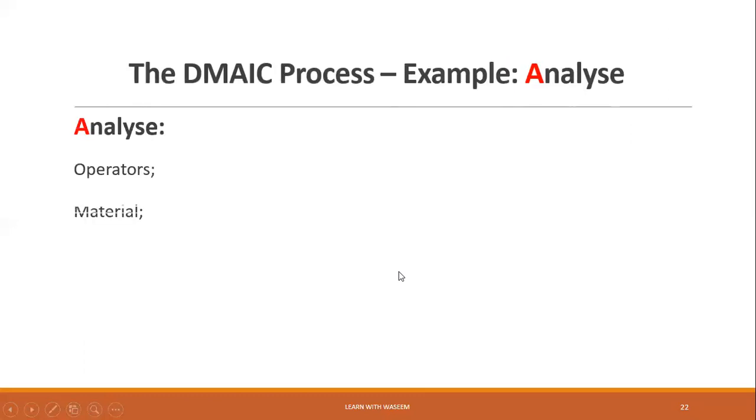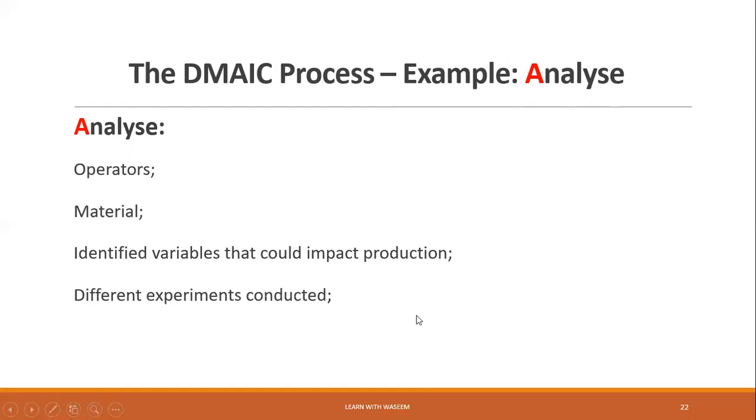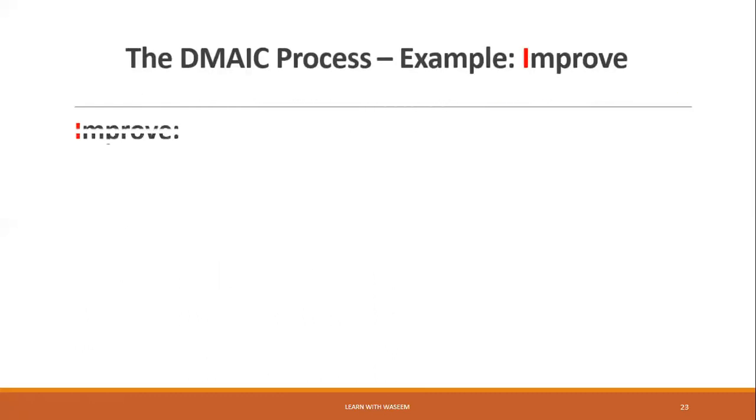Analyze. We have to analyze the operators, the material, identify variables that could impact the production, and different experiments conducted. We will also have to analyze the range of acceptable levels determined. Okay, so the next one is improve.